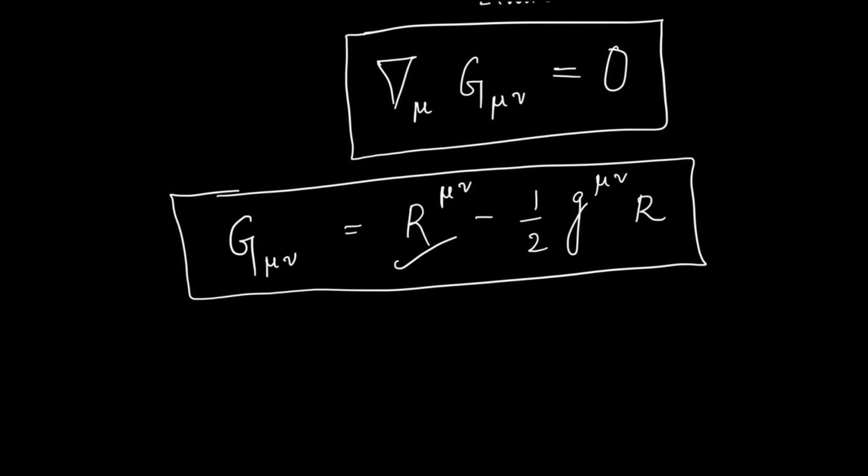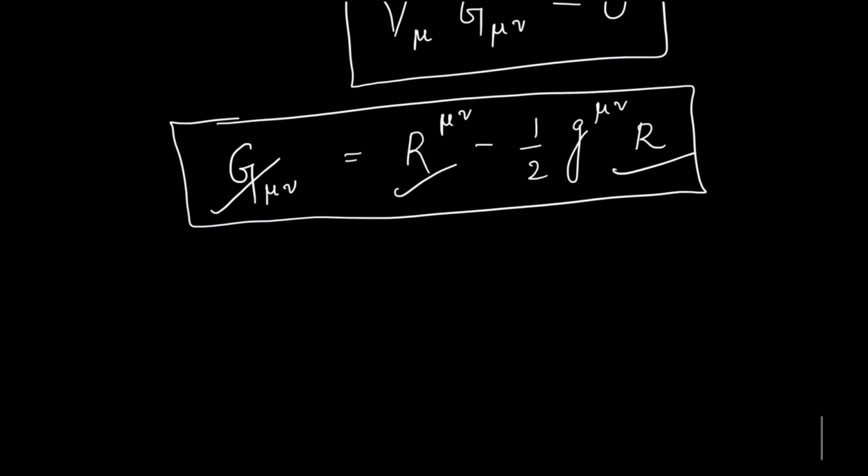But it has properties similar to that of the energy momentum tensor, so that I can equate it with the energy momentum tensor. The energy momentum tensor is the source for gravitation, and G mu nu, the Einstein tensor, represents the space-time or the geometry. So how do I equate geometry and the source? That's how the Einstein field equation comes.